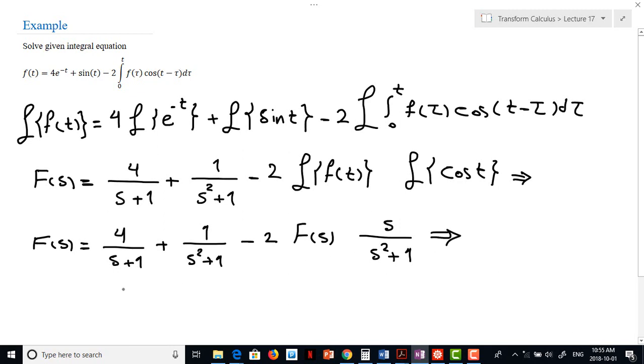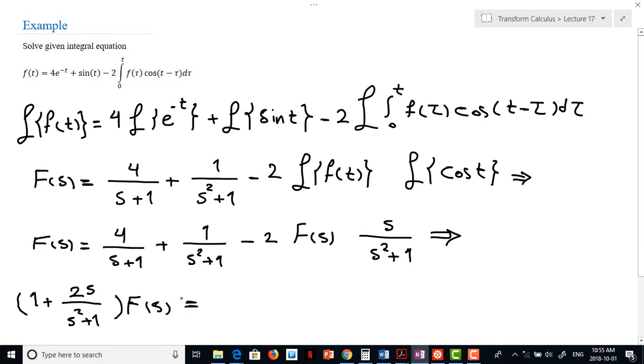So we have to find F(s). I just bring F(s) times s over s squared plus 1 to the left hand side of the equation and then factor F(s). So here we have F(s) times 1 plus 2s over s squared plus 1.